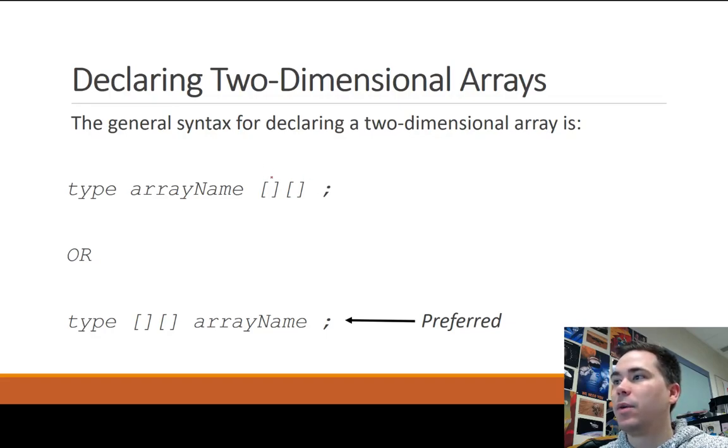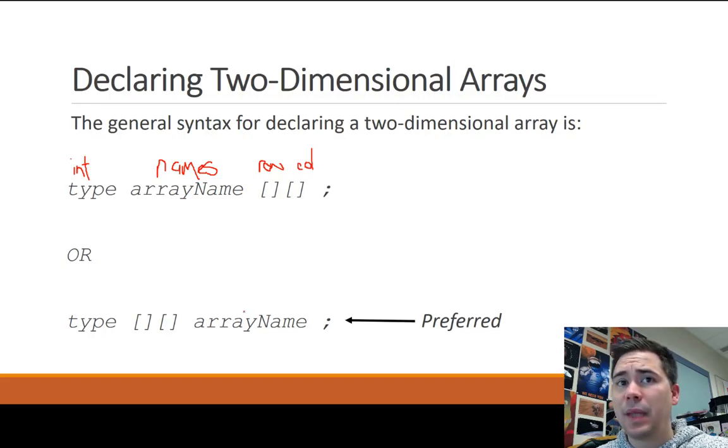So this could be, for example, int name, and then we'd have our row and column. So this could be your first name, this could be your last name, who knows.